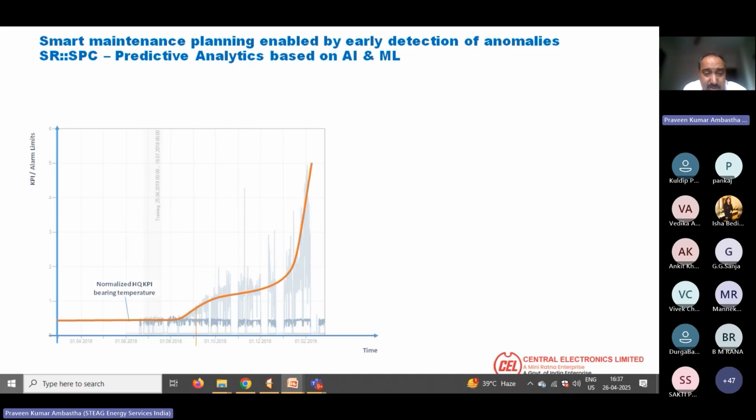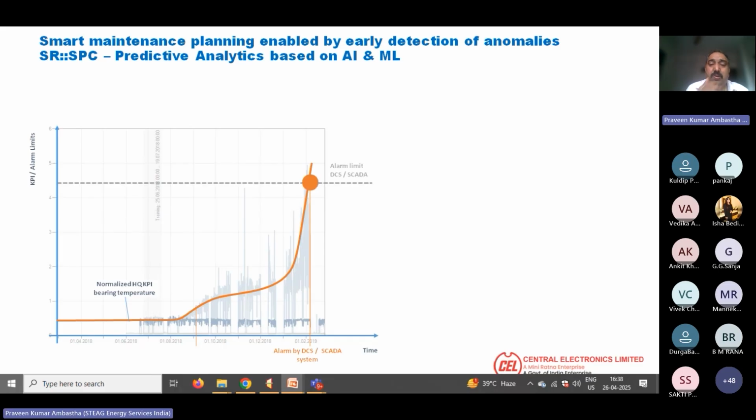I'm showing you the graph here. You can see the red line, the brown line. This is the DCS limit of bearing temperature. We have the bearing temperature, the light one is the noise, and then we have some dark one.